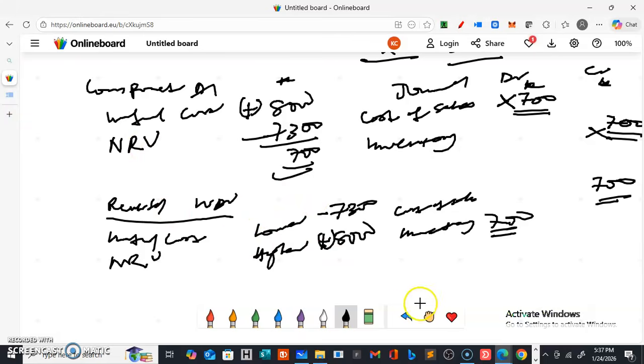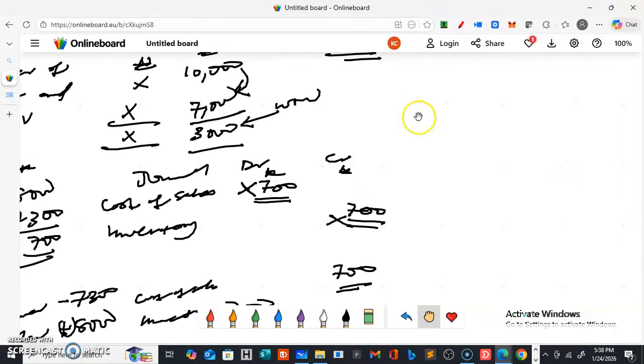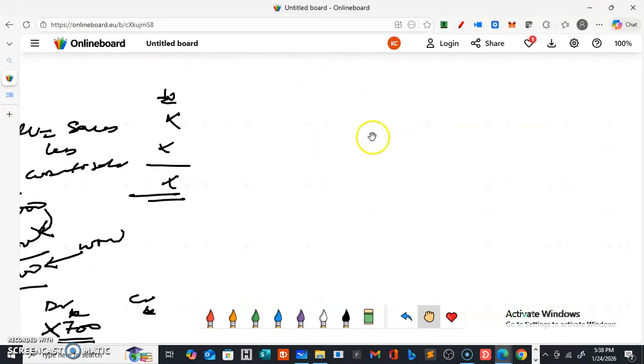So this is quite simple, just for you to have an idea of how to write down the value of inventory. Let me call your attention to something.